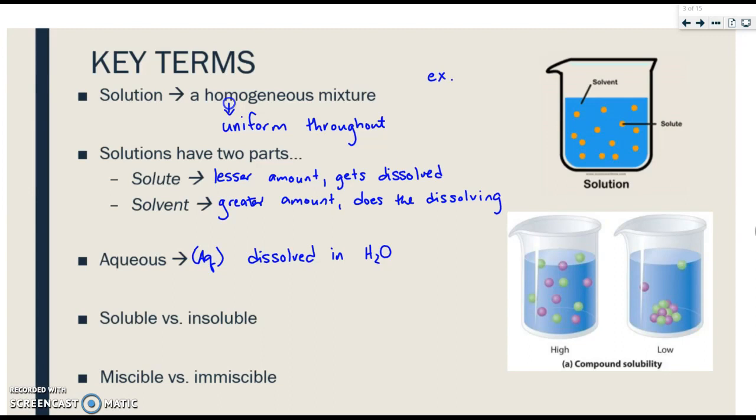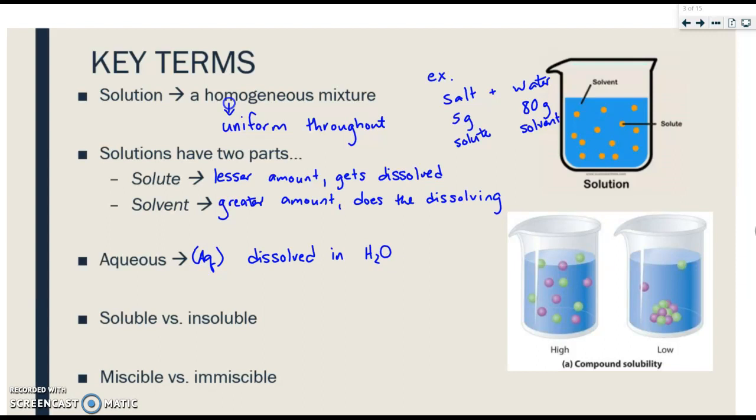If we have salt water, and there are 5 grams of salt and 80 grams of water, we would know that the salt is the solute and the water is the solvent. And when combined, they make a solution.